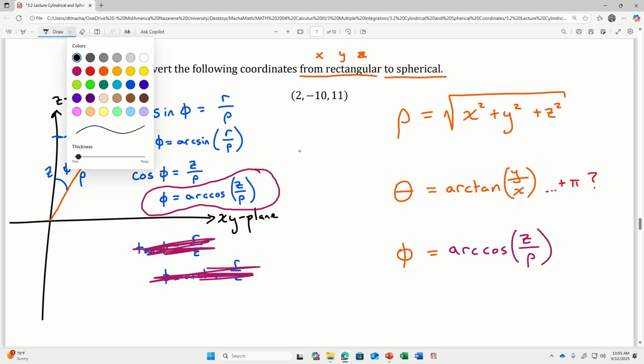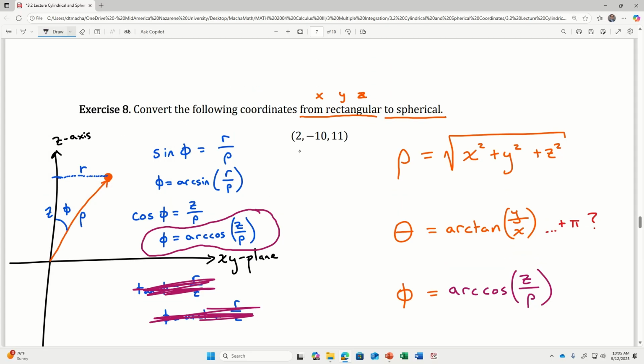So the only thing that could possibly be a little bit tricky here is the arctangent thing, like should I add pi? And in this example, if x is positive 2 and y is negative 10, that puts me down here on my xy plane. So here's the question. This time, should I add pi after I calculate arctangent for theta? No, because I'm on the right half of the xy plane, and so I do not need to add pi.